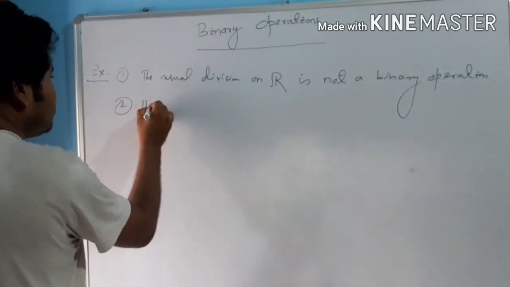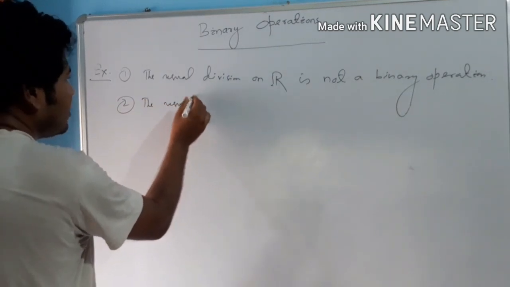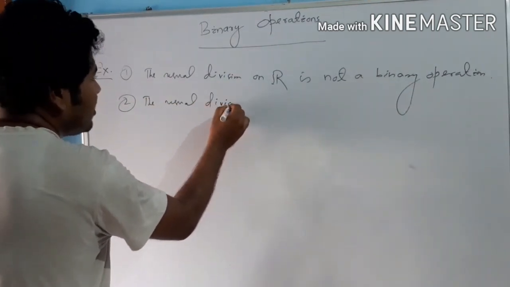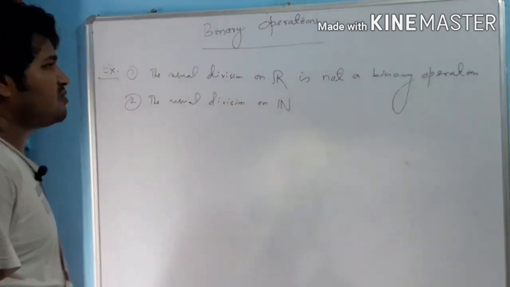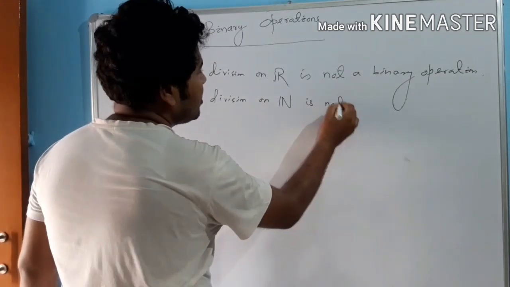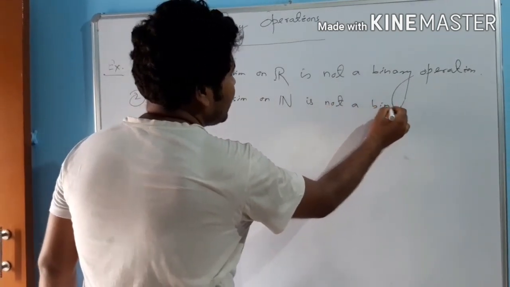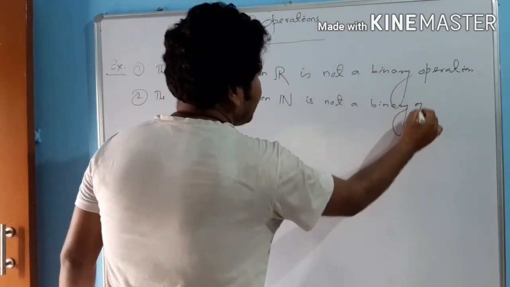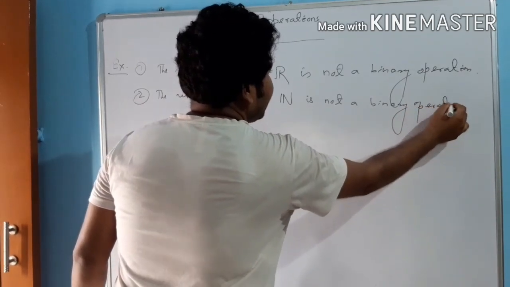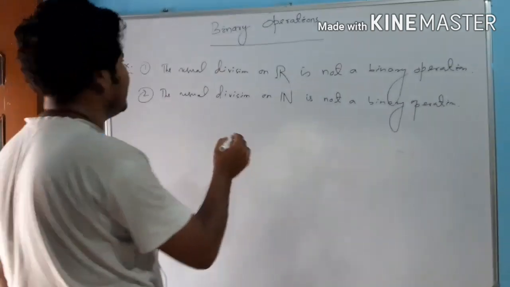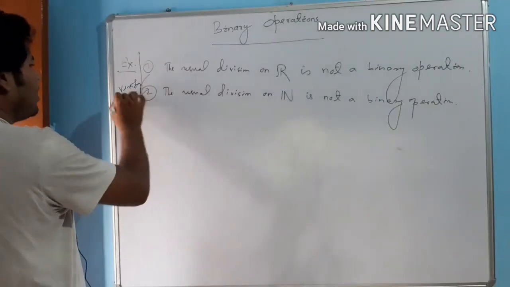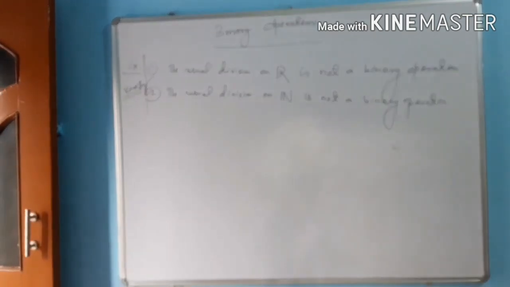The usual division on the set of natural numbers is not a binary operation. Please verify these two exercises at your home.